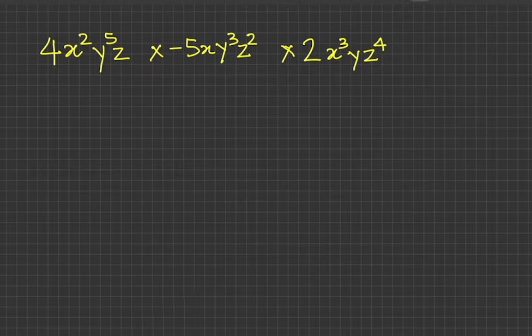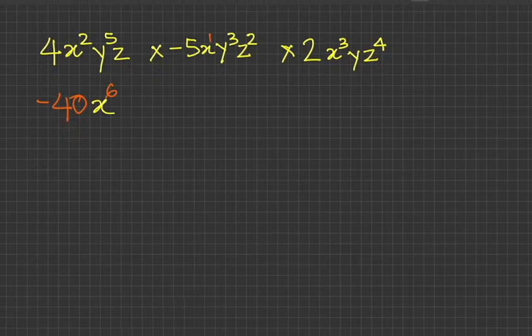So I will multiply the numeric coefficients, that is 4, negative 5 and 2. So 4 times 5 is 20, so it will be negative 20, right? And then negative 20 times 2 is negative 40, right? And then I have x squared, x to the power 1 and x cubed. So 2 plus 1 is 3, 3 plus 3 is 6.